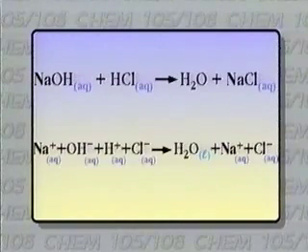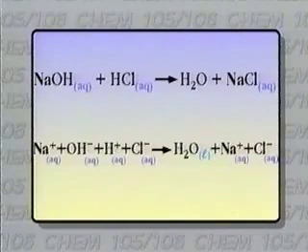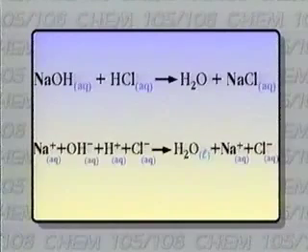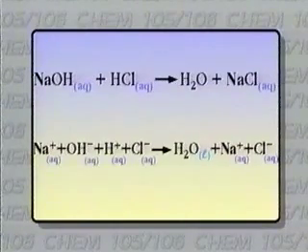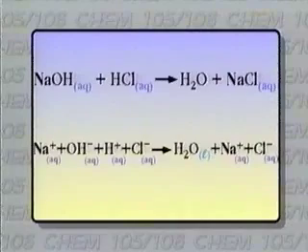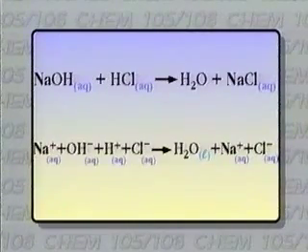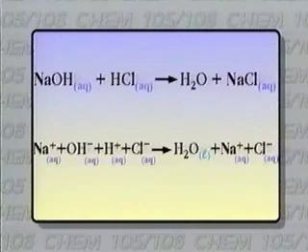Running out of space, I should have turned it sideways. That's the actual way that the chemical reactants exist and the actual way that the chemical products exist. So by measuring then the behavior of solutions, one can more accurately depict the way that chemical reactions really look.